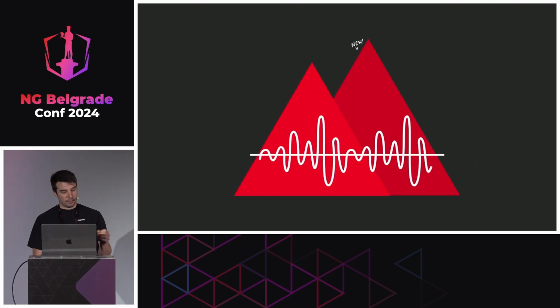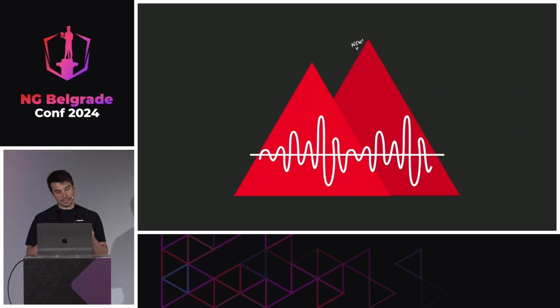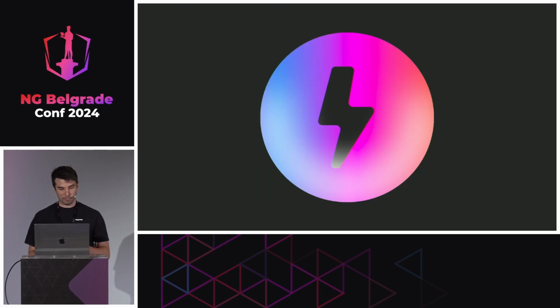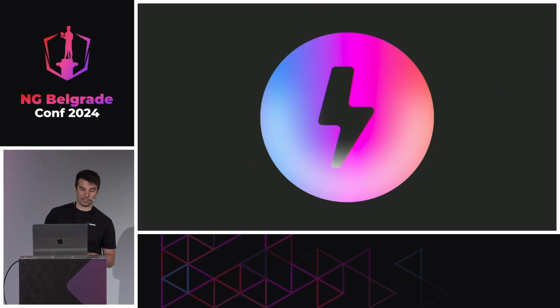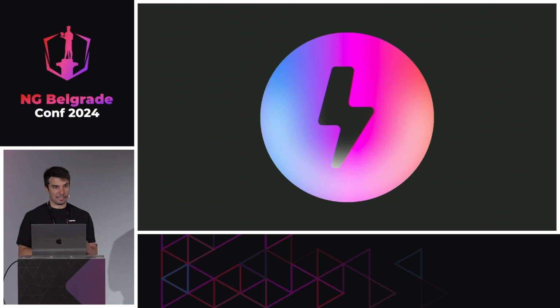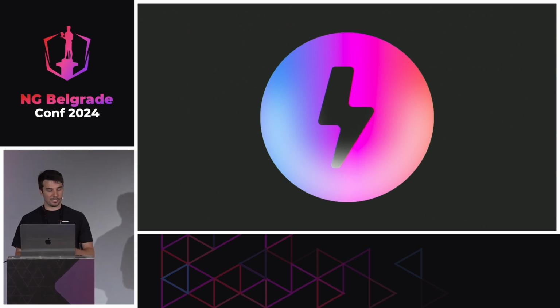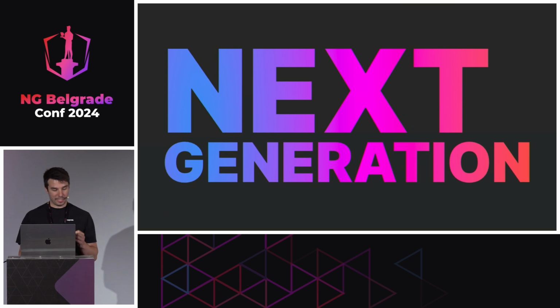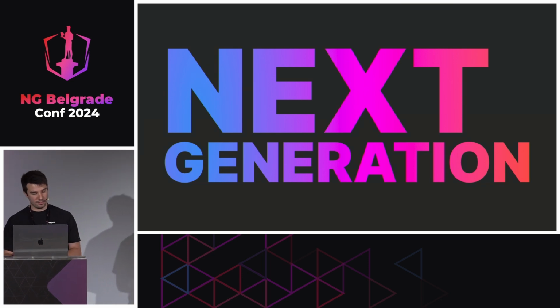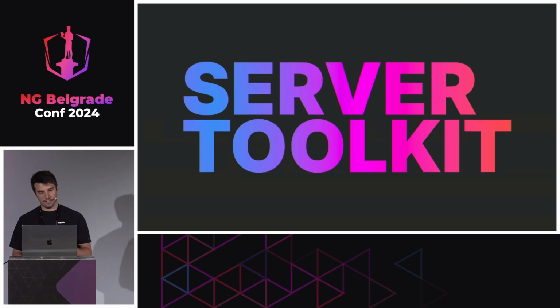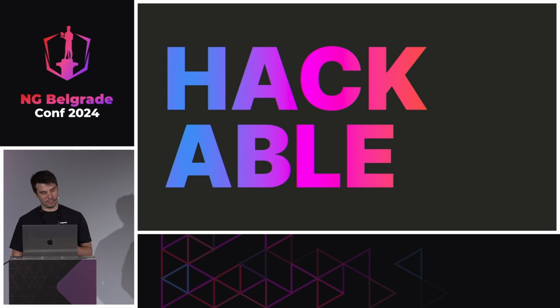And that's where Analog comes into play, right? Because Analog is built to bring that next level server integration to Angular. And it does so by bringing along a good friend, which is Nitro. You might have heard of Nitro, you might have never heard of Nitro, but it is a next generation server toolkit that is very hackable.